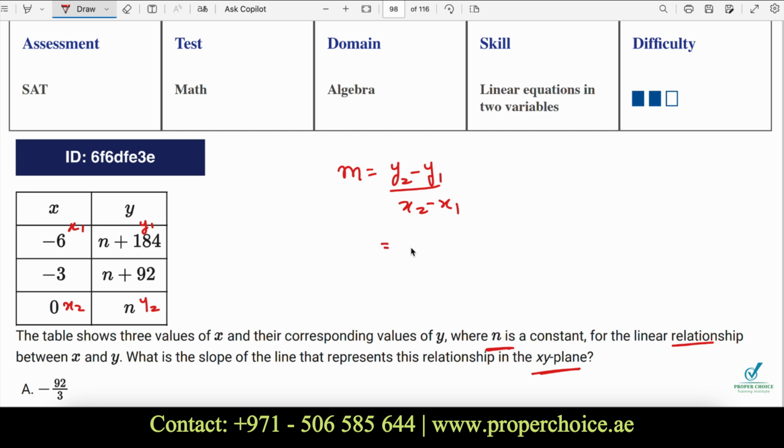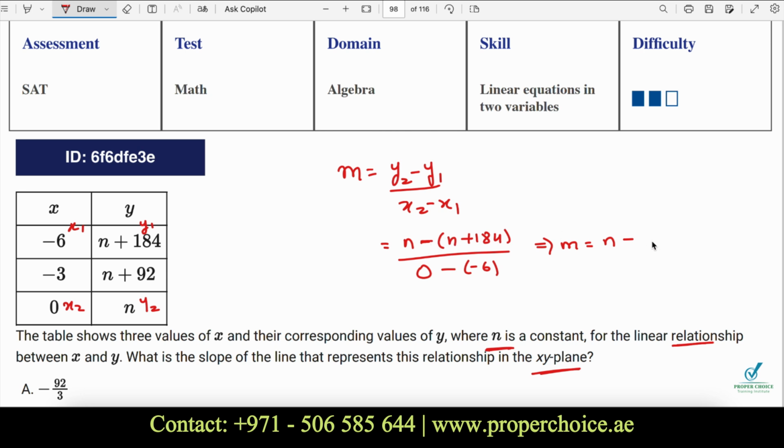So in this case, y2 is going to be n minus the y1 value, which we have taken as n plus 184. In that case, n plus 184 divided by the x2 value, which is 0, minus the x1 value, which is -6. So simplify it further, it becomes n minus, okay, this negative sign is common for the entire expression.